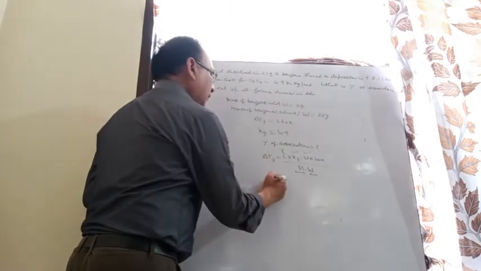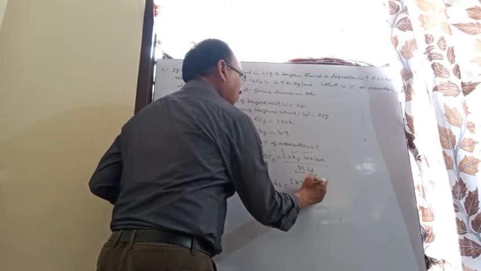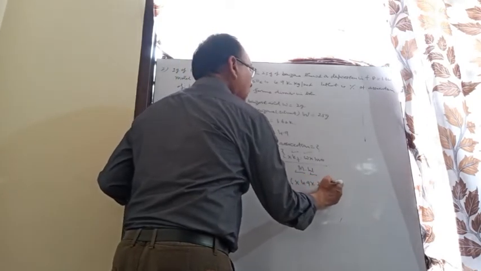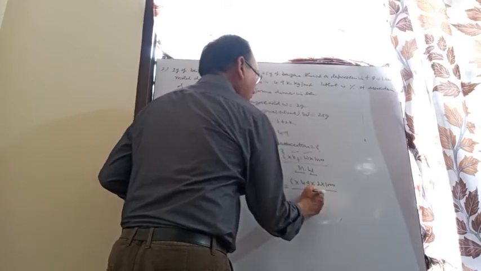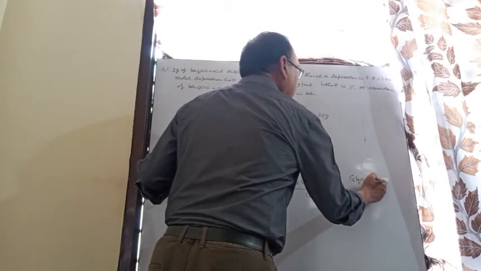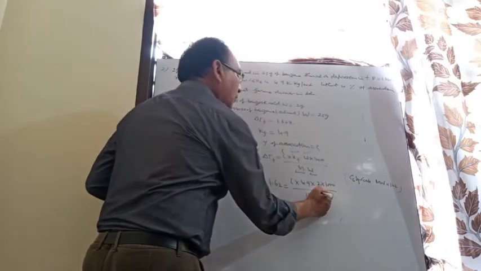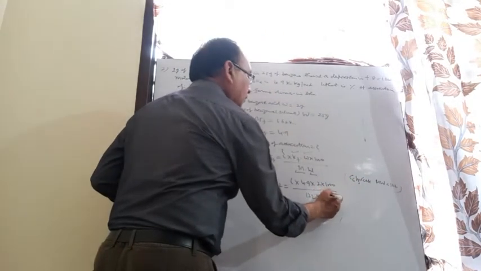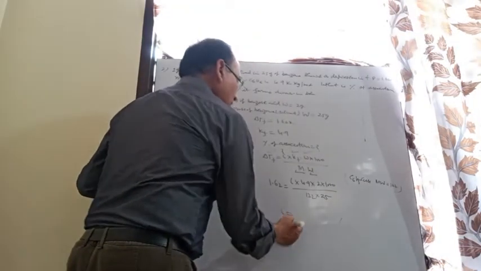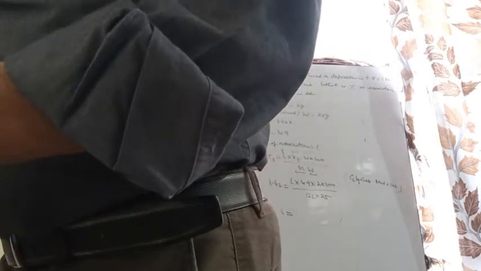So delta Tf is 1.62, i is to be calculated, Kf 4.9, small w that is 2 gram, 1000, molecular mass of benzoic acid 122, benzoic acid का formula C6H5COOH and its molecular weight will be 122. So 122 into mass of solvent 25. With that we calculate the value of i, and it comes out to be 0.504.